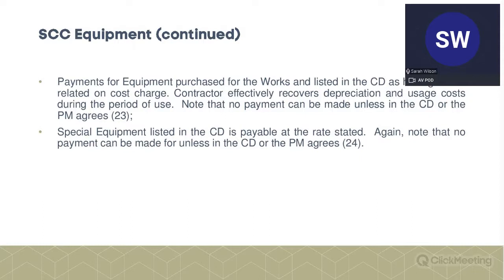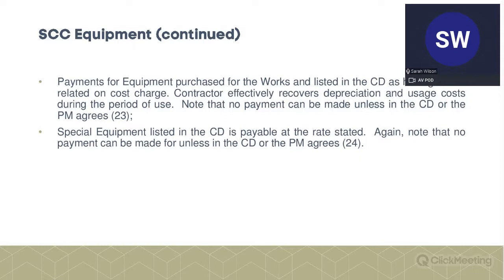The contractor is then paid 500, because that's what it has lost in value. It's up to the contractor whether it does sell it or not, because it might want to keep the equipment, but equally, the employer hasn't overpaid for it.